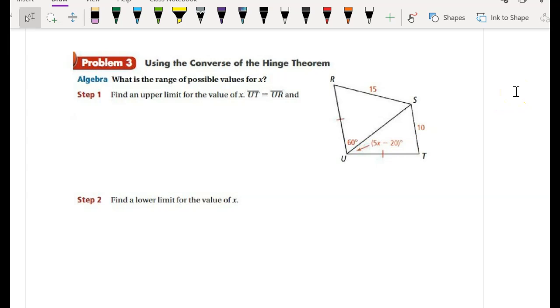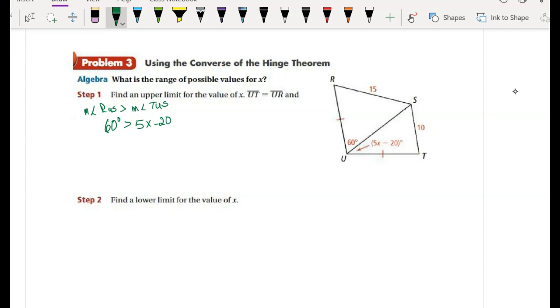So let's write down what we know. I know that the measure of angle RUS is greater than the measure of angle TUS. Well, what is the measure of RUS? Well, that's 60. So I know that 60 degrees is greater than 5x minus 20.